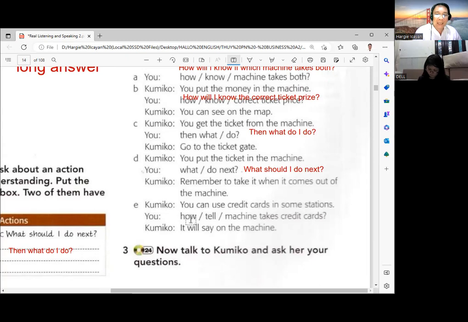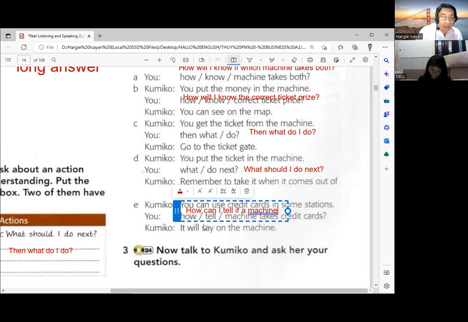And then you were going to say, how can I tell if a machine takes credit cards?